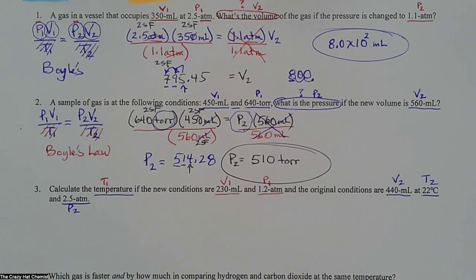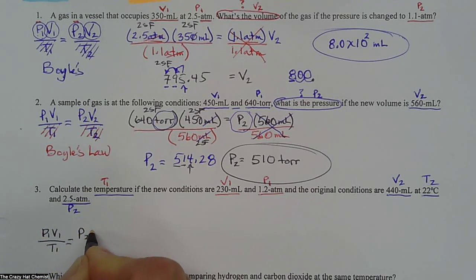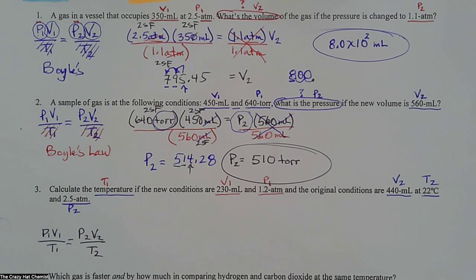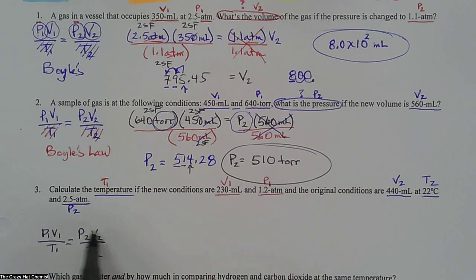All right, perfect. Now, we're going to use the same generic equation: P1V1 over T1 is equal to P2V2 over T2. This time, we are going to use everything in the combined gas law, also called the general gas law. One of the things we need to do is plug these in.